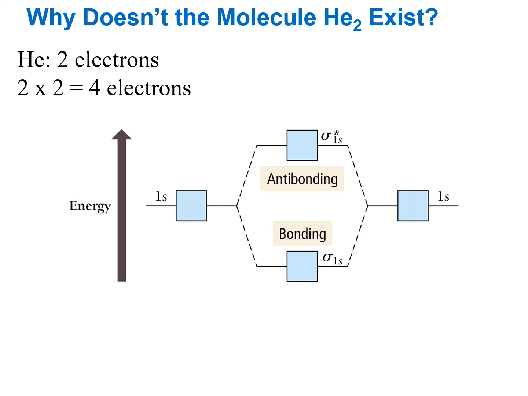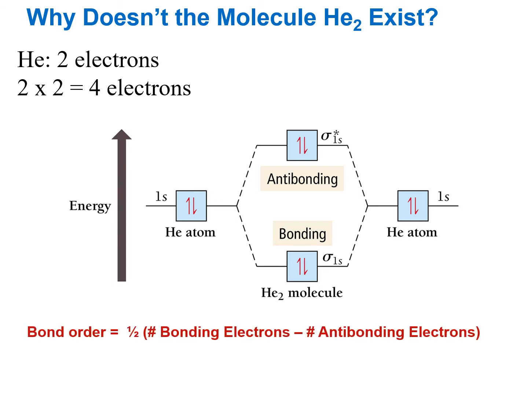So we're going to fill in helium to the left with its 2 electrons, helium to the right with its 2 electrons, and then start filling in our chart with our bonding and anti-bonding electrons. So 2 of our 4 electrons are going to go in the bonding orbital, and 2 of our electrons are going to go in the anti-bonding orbital.